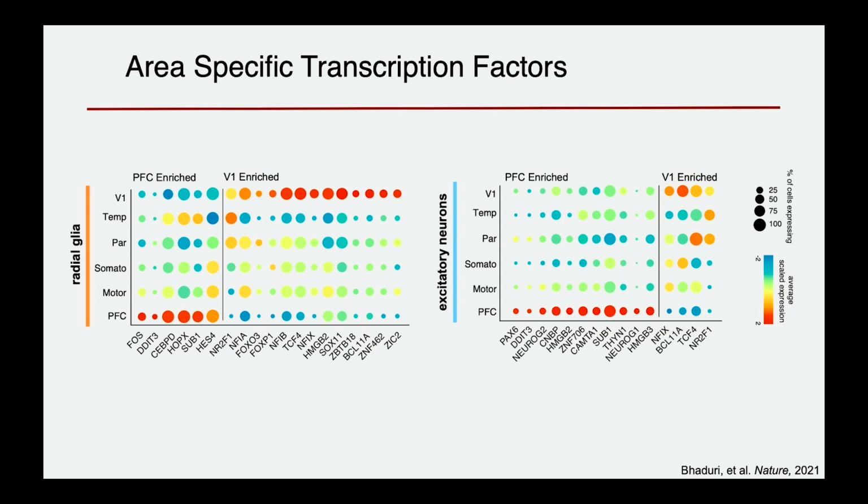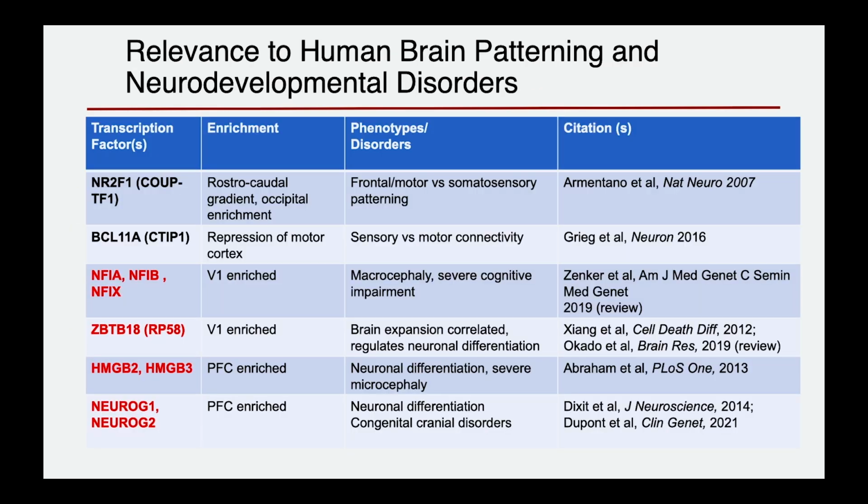Again, although there are some that are specific and preserved across this differentiation cascade, many are very different. These are candidate genes for which we are definitely looking at additional functions and their role in establishing these area-specific identities.